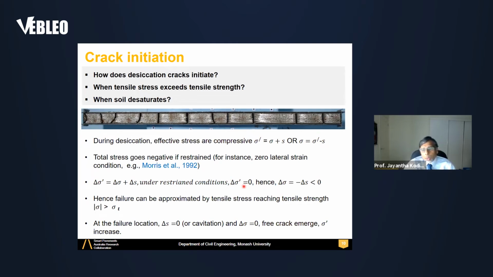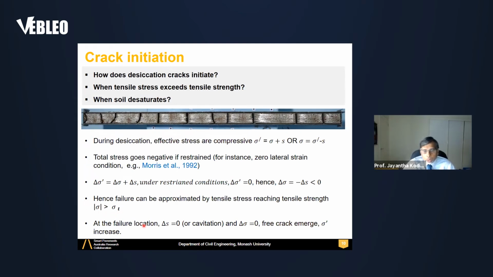If it is zero, then delta sigma, the total stress change, is minus delta S, and delta S is the suction increase. It's a positive quantity, therefore negative. That means delta sigma is tensile. With further drying, suction increases, therefore tensile stress increases, and approximately it reaches the tensile strength at some point, and that can be considered as failure in a macroscopic explanation.